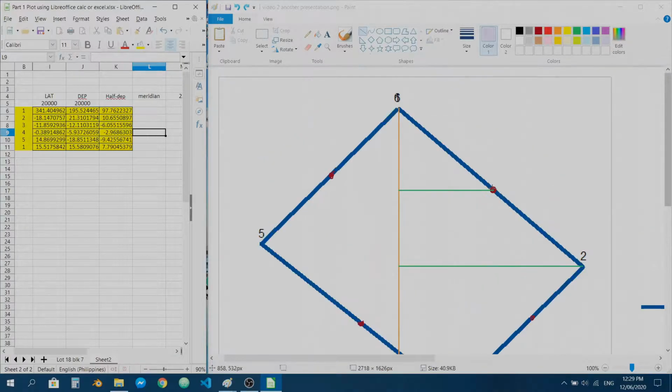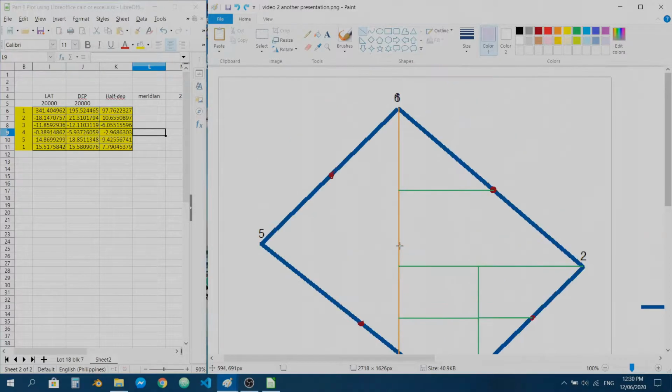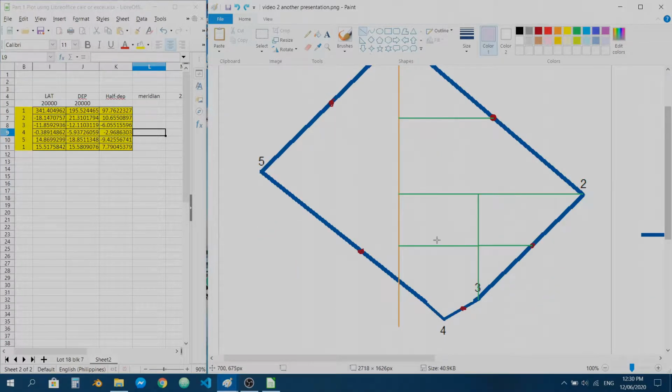Okay, so now by having that, here is the latitude for line 2 to 3, and then this is the half departure. Okay, but the meridian is from the midpoint up to the common vertical axis. So that's our interest.